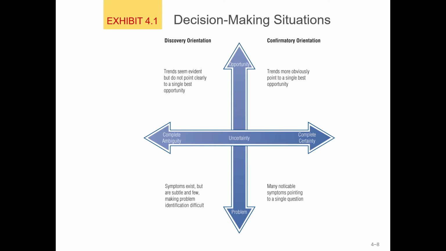So research is needed to clarify the situation. Similarly, in opportunity-oriented research, ambiguity is characterized by environmental trends that do not suggest a clear direction, and as the trends become larger and clearer, they are more diagnostic, meaning they point more clearly to a single opportunity.